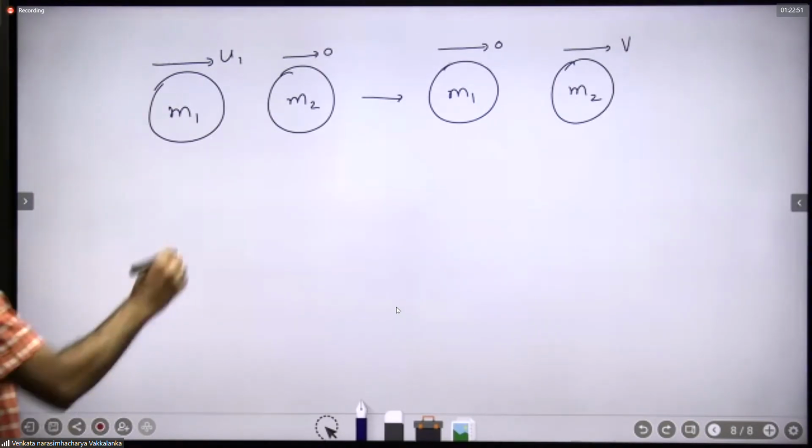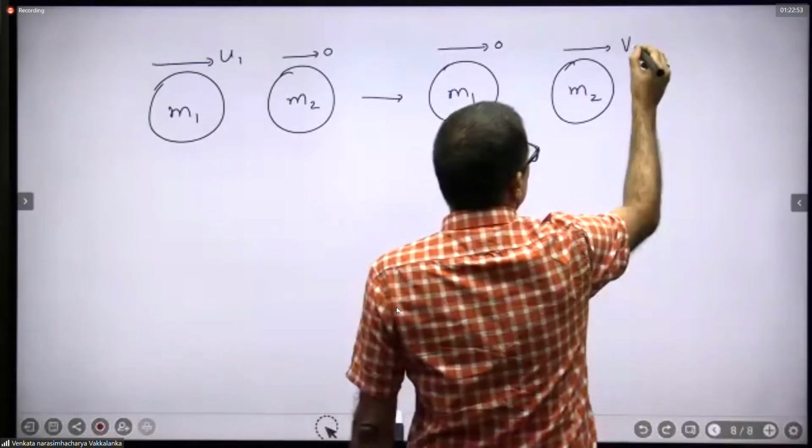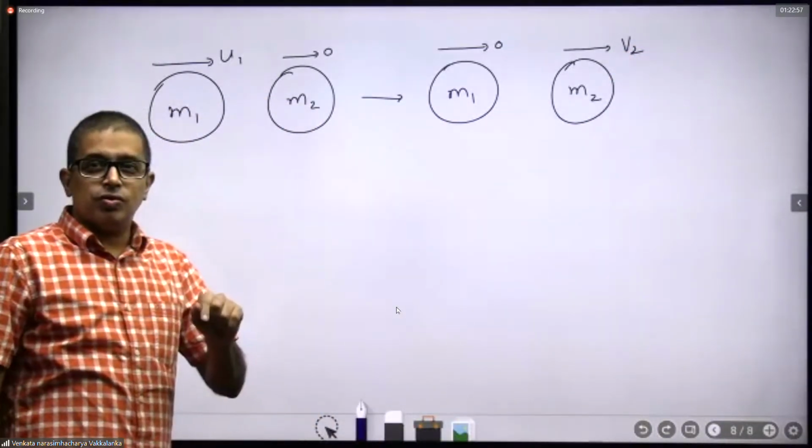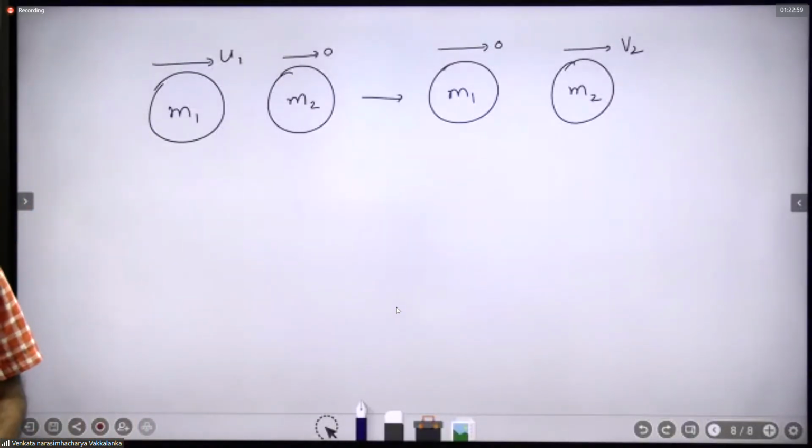I call this u1, so I call this v2. They're not identical masses. They didn't interchange their velocities. One is m1, the other is m2. Agreed?